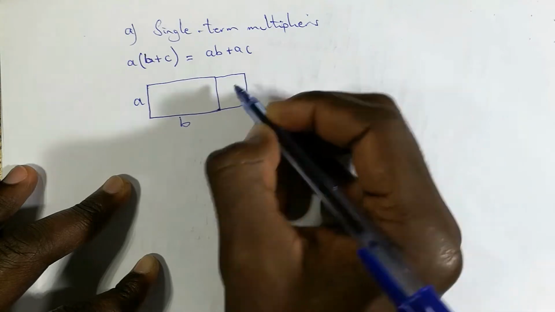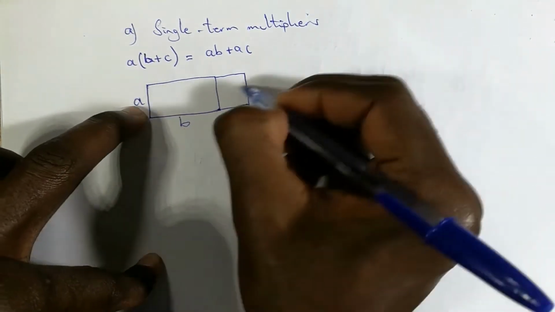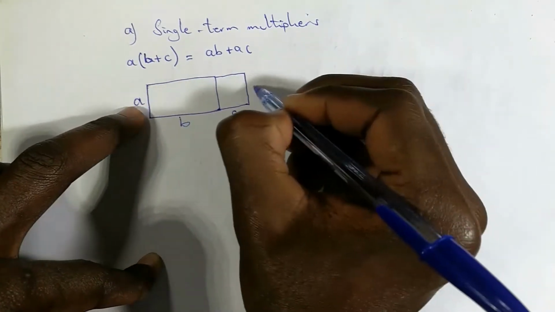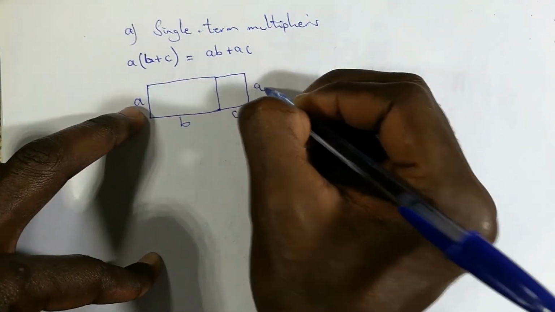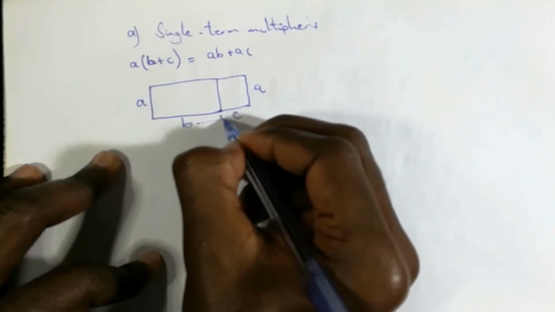Let me say of side C, and side A here, since this side A is the same as this one and the same as this one, and that would mean this is a distance from here up to here.